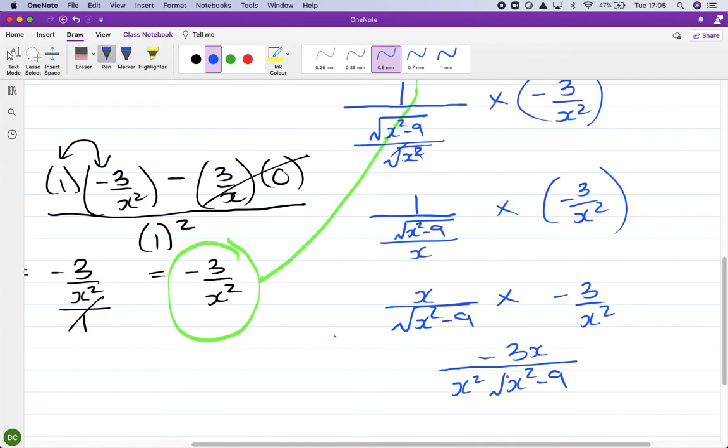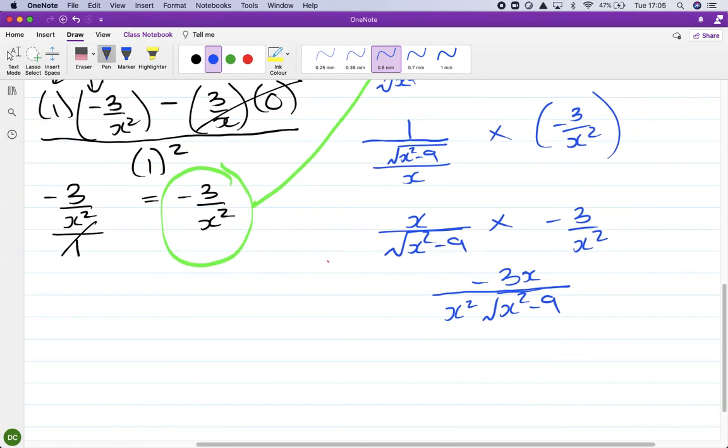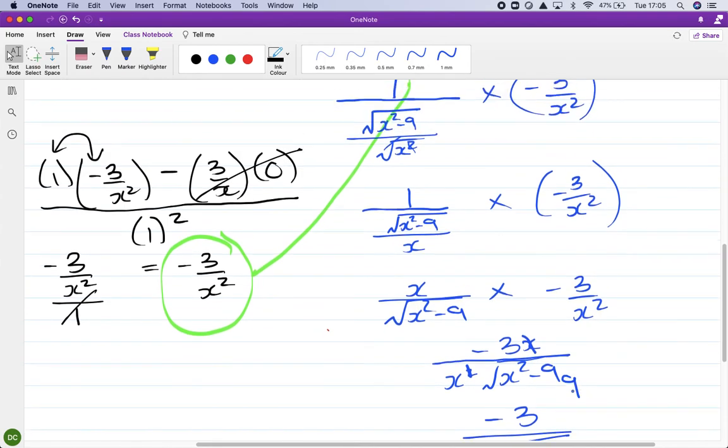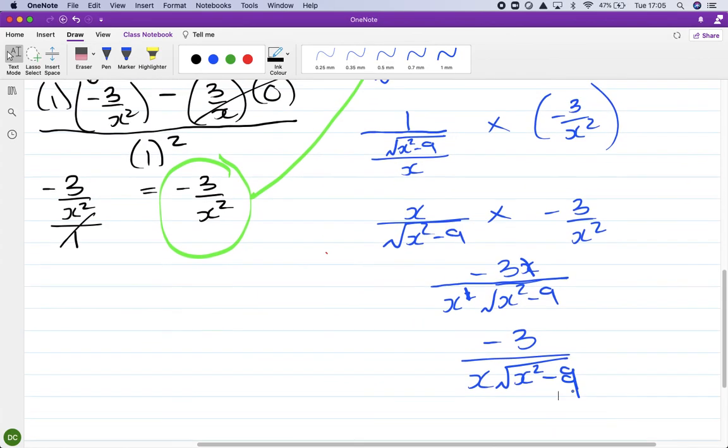And bottom by bottom is x squared by the square root of x squared minus 9. And this x will cancel with one of these. So I have minus 3 over x root x squared minus 9. Okay, so I think that's right. Hopefully you understand that. Let me know.